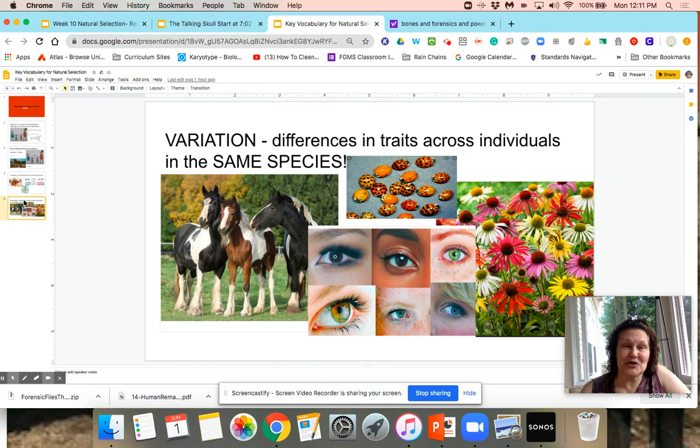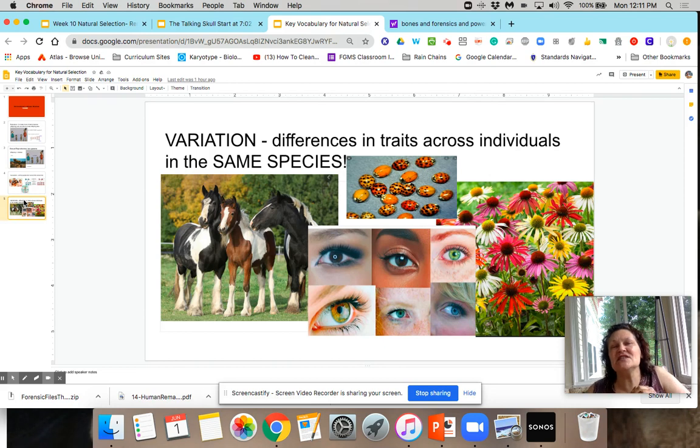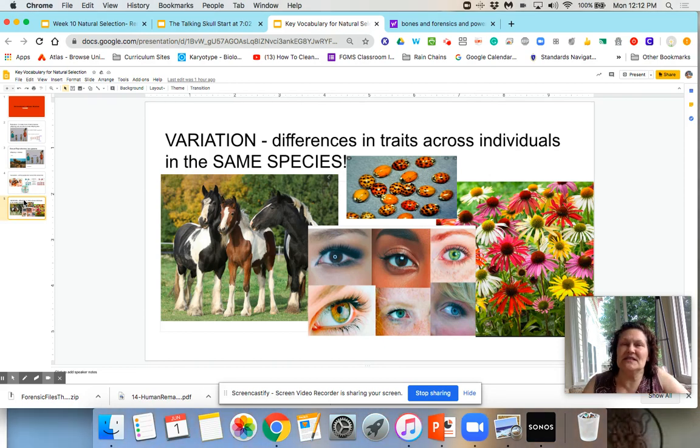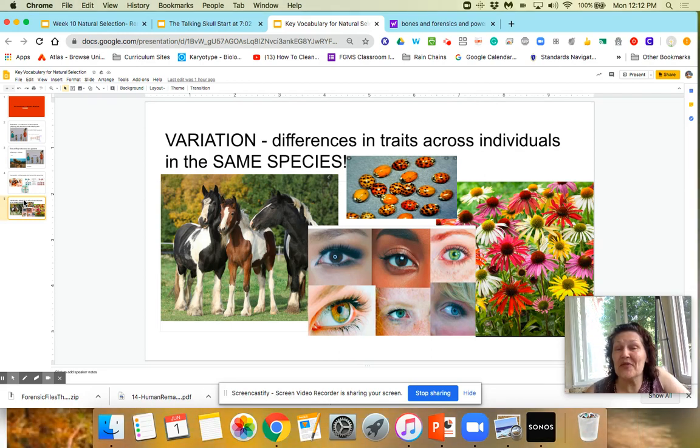The last vocab term in this section is variation. Variation means differences in traits across organisms in the same species. All you have to do is look around your classroom, right? In terms of the traits, take eye color. You could have people that have brown eyes. You could have people whose eyes are so brown they're almost black.